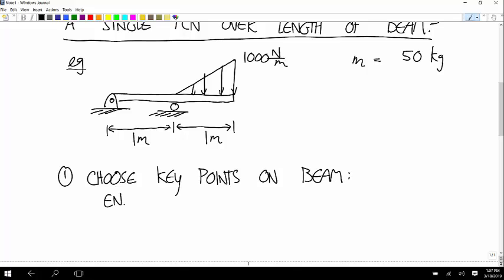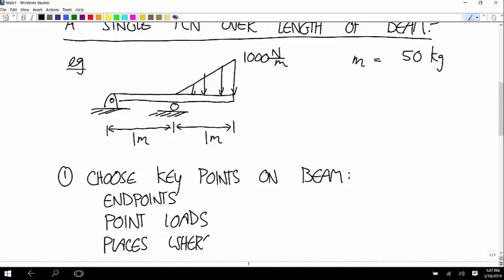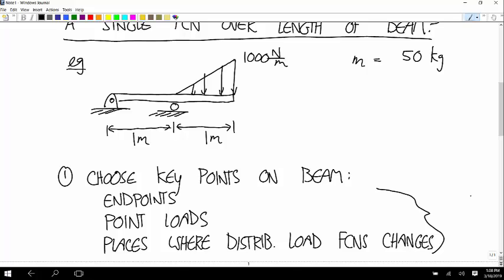Those are endpoints, point loads, and places where distributed load functions change. Let's say that this is a total of capital N points.